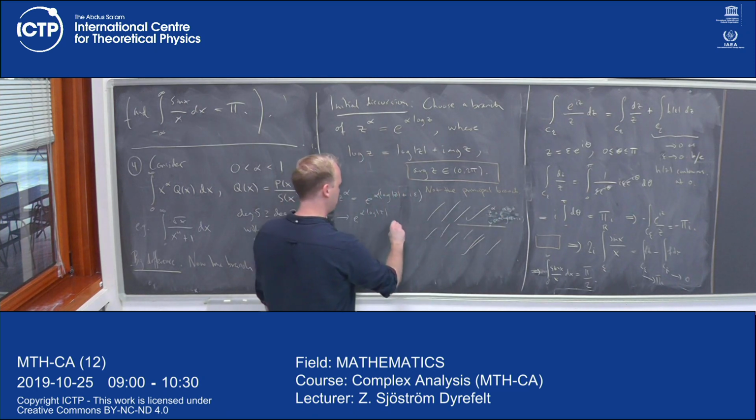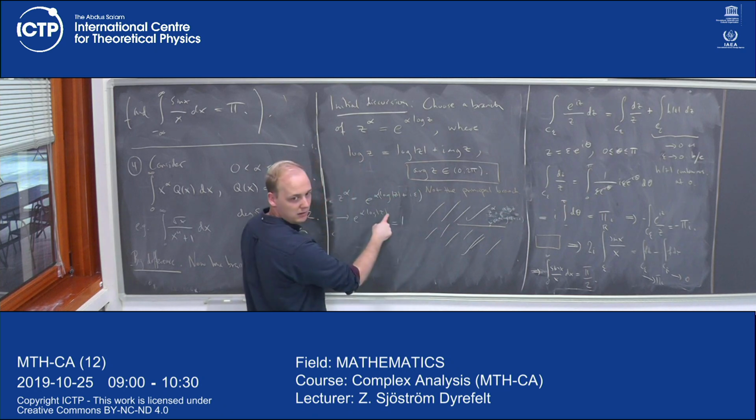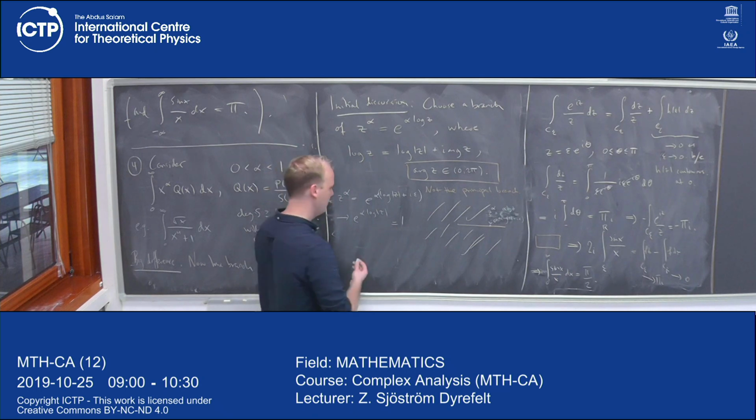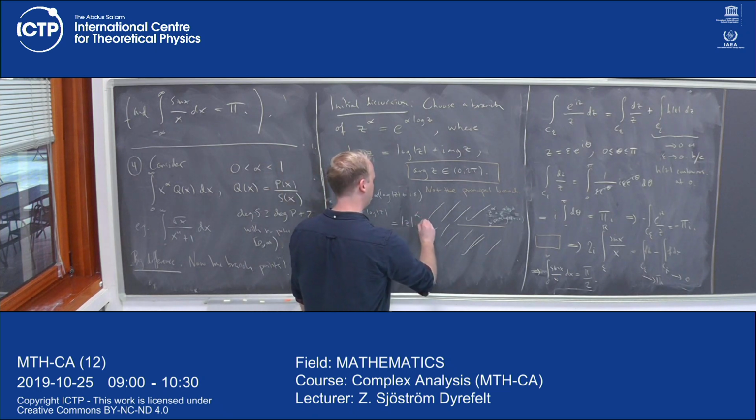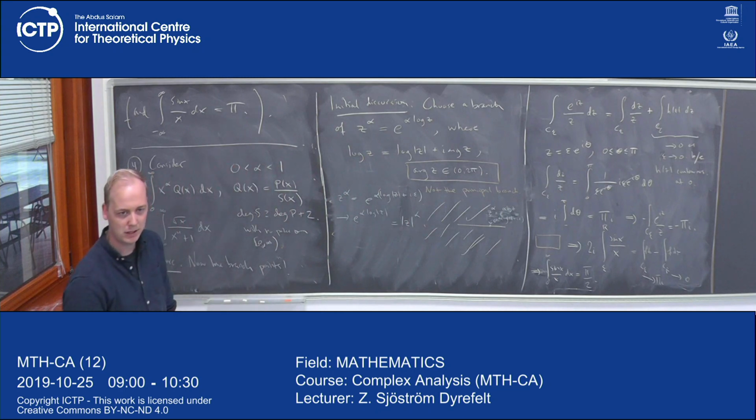So this tends to this, which is equal to, now this is the real logarithm. You remember this. So log, I define it as a branch if it is a complex number, but when it's a real number, there is only one logarithm. It's the usual one. So now these are all real numbers, so there is no weird thing going on. So now you can safely say that this is z to the power alpha. Okay?